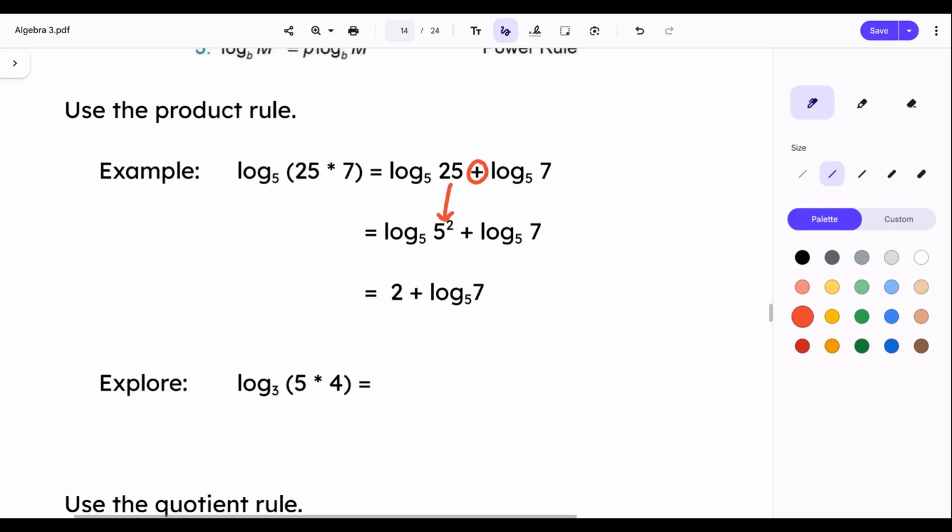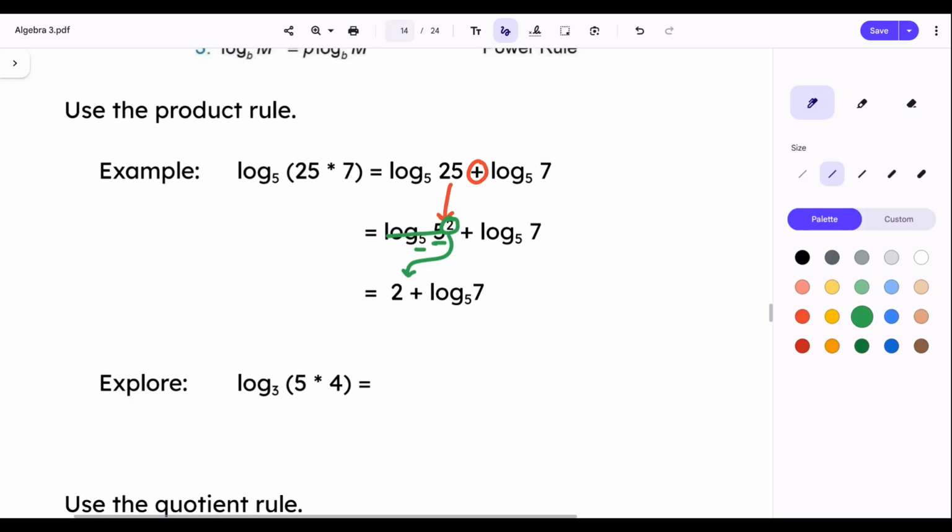The reason why they're doing that is because it's going to start to look like that property that we talked about from the last section, where now that these two numbers match, the 5 here and the 5 here, this whole piece crosses off, and then this 2, that was the exponent, comes out. And you remember maybe seeing that in the last section. We talked about looking for those kind of things because it helps us simplify our expressions. Okay, so that 2 comes out. We can't do the same thing with the log base 5 of 7, because you can't rewrite that 7 as something raised to a power. You have to just leave it as is.